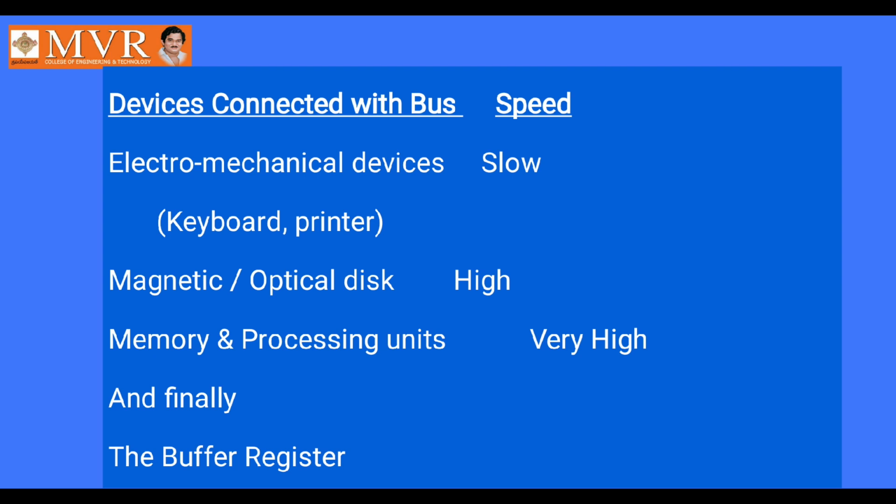These are serial port devices, whereas the CPU is a parallel port. So 16-bit data transferred to the printer, or from the keyboard to the CPU, or to the monitor, will be transmitted only one by one.